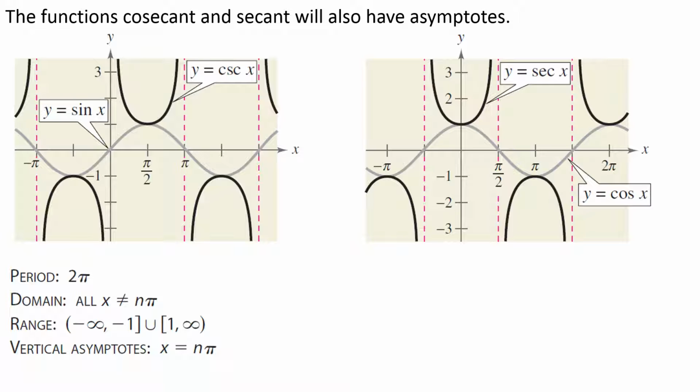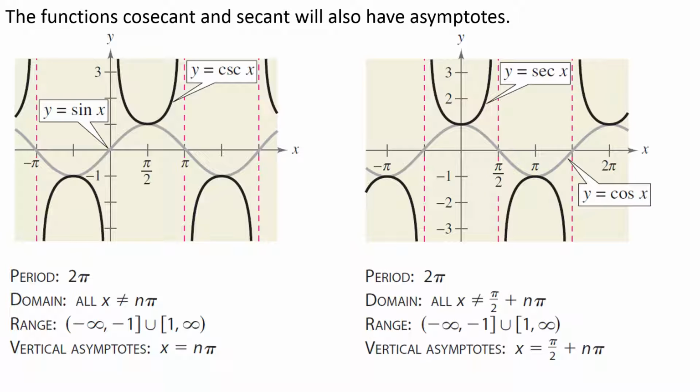Notice that the asymptotes go through every pi over 2 multiple. So pi over 2, 3 pi over 2, 5 pi over 2, 7 pi over 2, etc. The period again is 2 pi. Even though there's an asymptote every pi units, the function does not repeat until you've traveled a total distance of 2 pi.